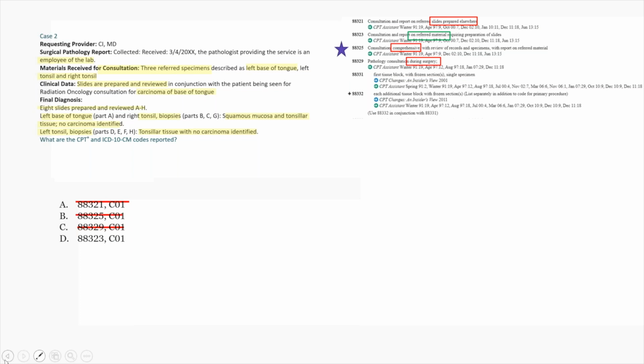Let's have a look into the next one, option B, 88325. 88325 is coding for a consultation, comprehensive. Comprehensive is a keyword there, with a review of records and specimen with report on the referred materials. This was not a comprehensive consultation, and neither was there a review of the records and the specimen.